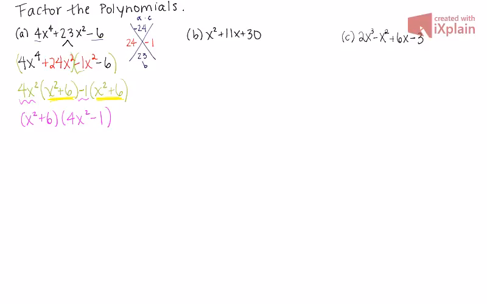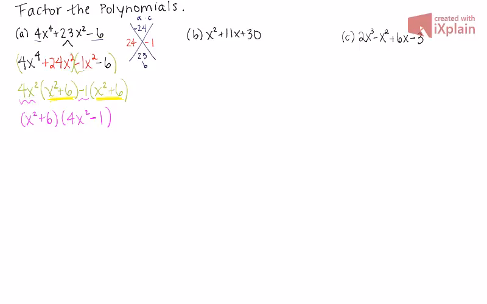Now since these are both quadratics, I still have to see if I could factor them down any further using difference of squares. I can't use difference of squares with x squared plus 6 because this isn't even a subtraction sign. However, for this one, since there is a subtraction sign right here, I should see if 4x squared is a perfect square and if 1 is a perfect square, which they happen to be.